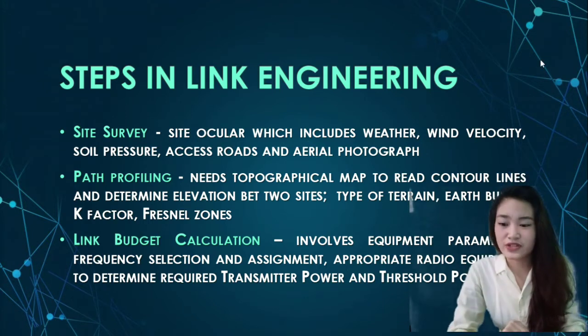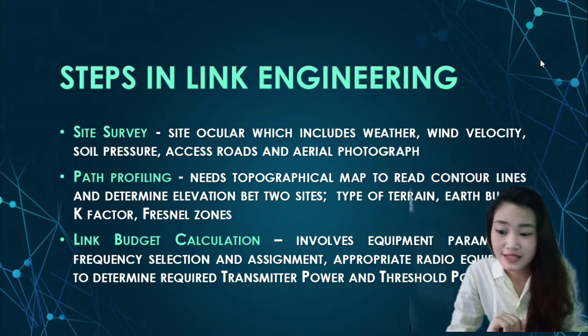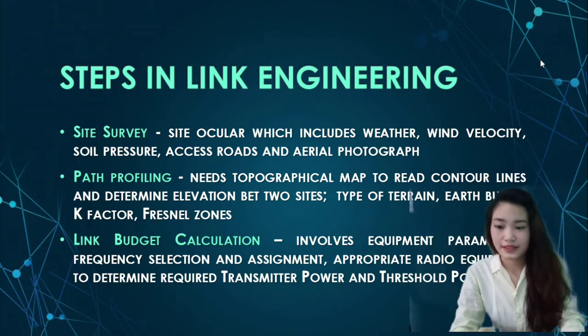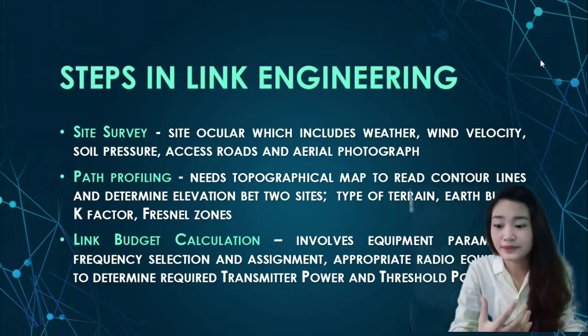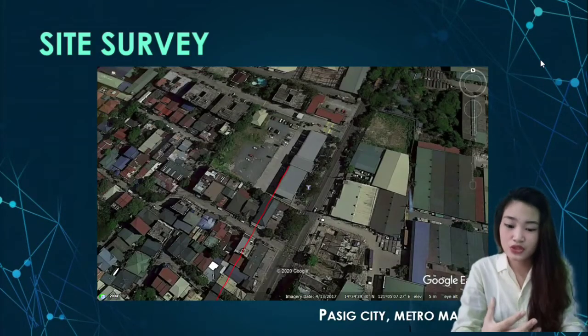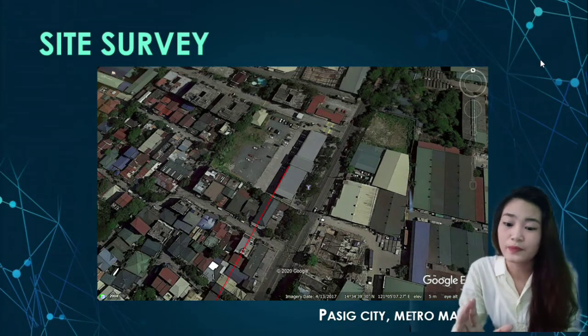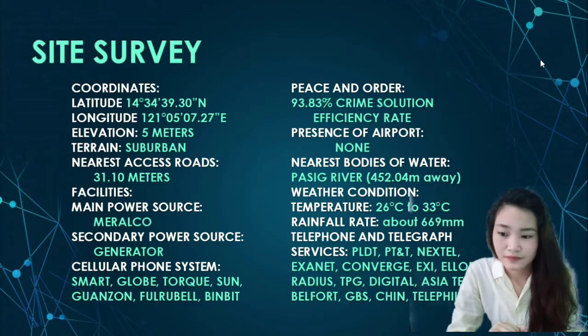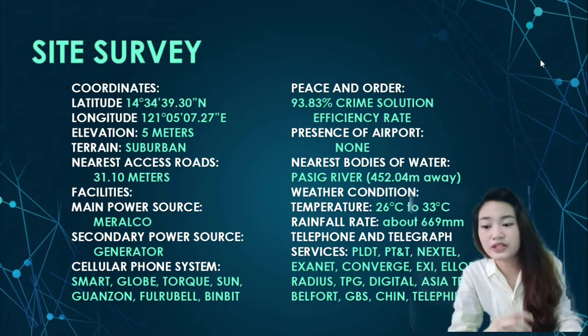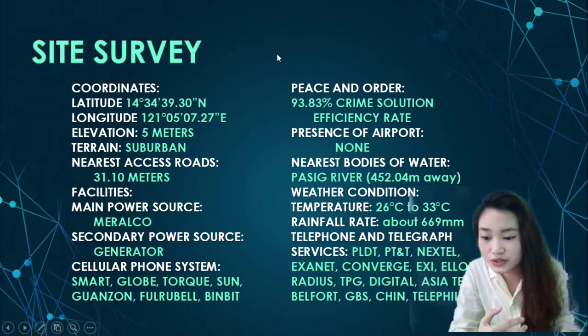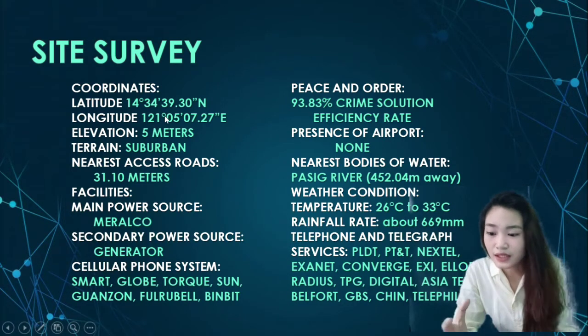As we can see, the first step in link engineering is site survey. I will show you my site survey. I chose this place, Pasig City, Metro Manila, where I will place my transmitter. These are the coordinates, the latitude, longitude, elevation, terrain.